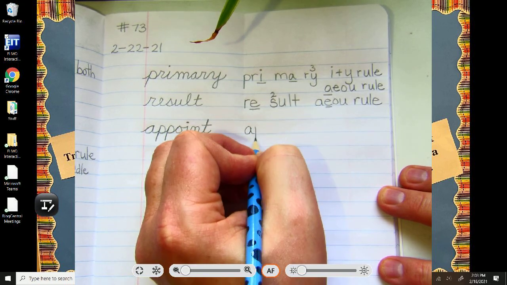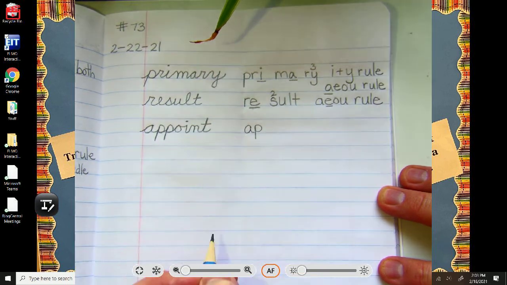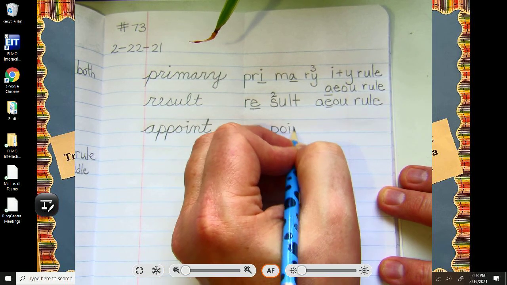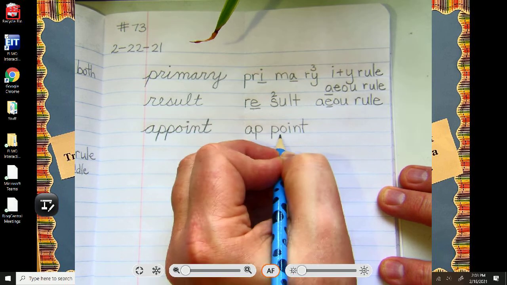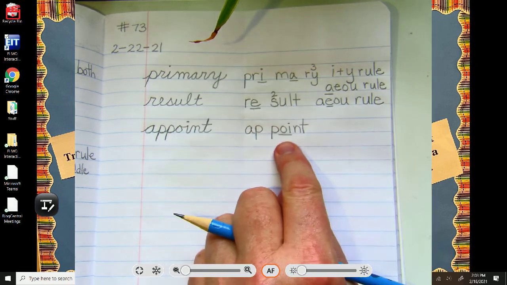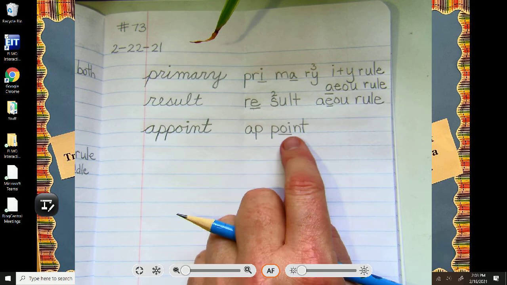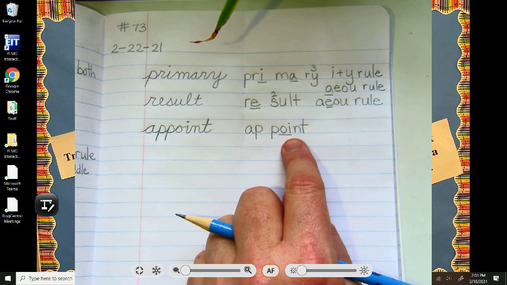Our first syllable is ap, and then our second syllable is point. Did you get that multiple letter phonogram? Say it with me. Oi, 2-letter oi that we do not use at the end of English words. Ap, point. Now, we don't, of course, say ap point when we see this word.